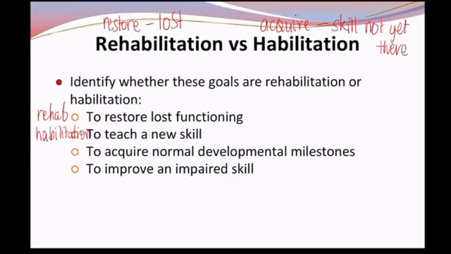To acquire new developmental or normal developmental milestones for a kid, this is habilitation. And to improve an impaired skill, so we want to restore an impaired skill, this is rehabilitation. So I hope you get that perfectly.